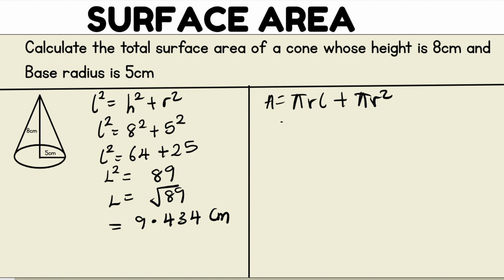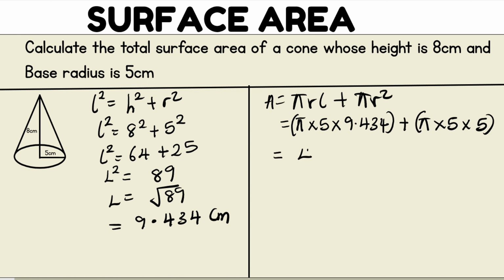Let's substitute in the equation. So therefore, area here will be pi times 5 times 9.434. I have to put this in a bracket, plus pi times 5 times 5.